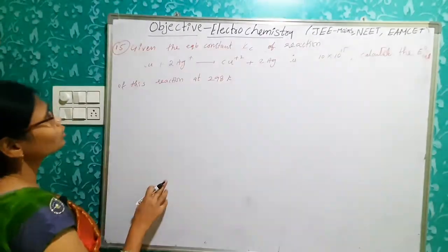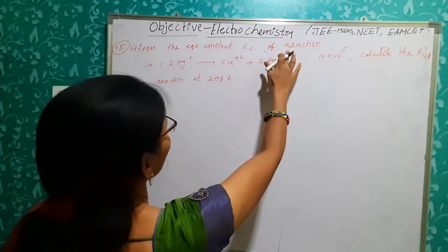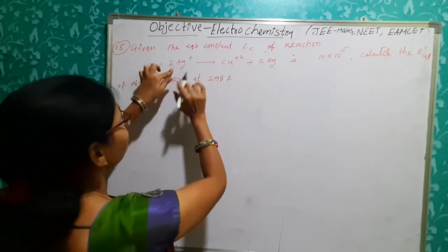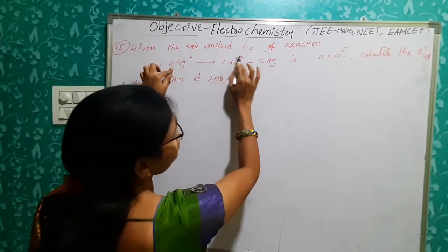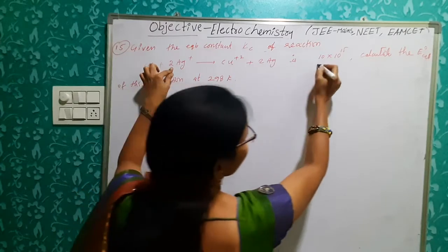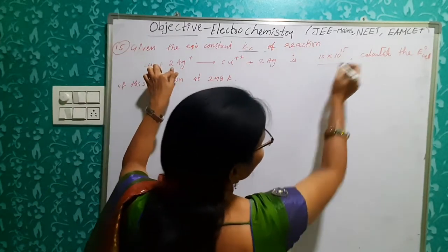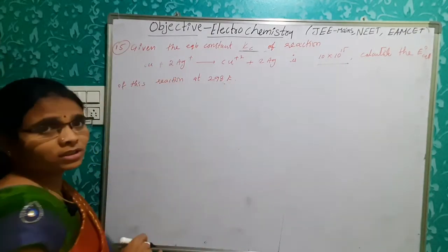Clear? Next problem. Given the equilibrium constant Kc of the reaction Cu + 2Ag+ giving rise to Cu2+ + 2Ag is 10 × 10^15. Calculate the E naught at 298 kelvins.